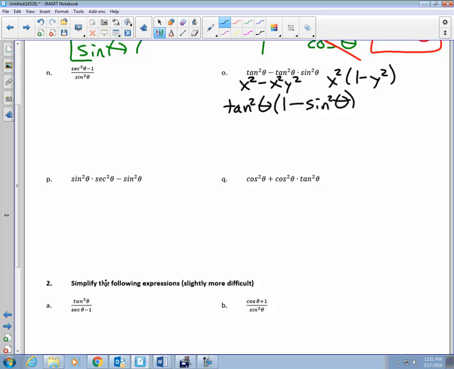Just like x squared minus x squared y squared factors to this, this will factor to tangent squared times 1 minus sine squared. If I distribute through, what's tangent squared times 1? Tangent squared. What's tangent squared times sine squared? Okay. All right, what can I insert for 1 minus sine squared?